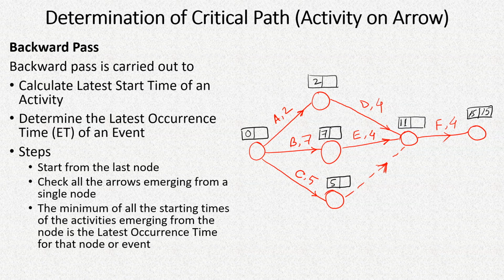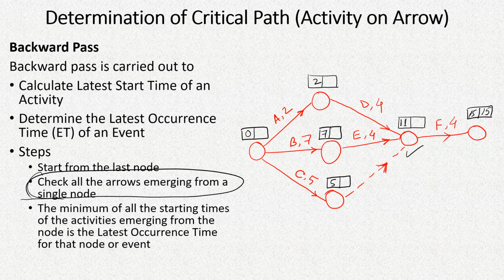Now coming back, here again we'll check all the arrows emerging from a single node. In the previous method, we checked all the arrows meeting at a node, but in this case we'll check the arrows emerging out of a node.